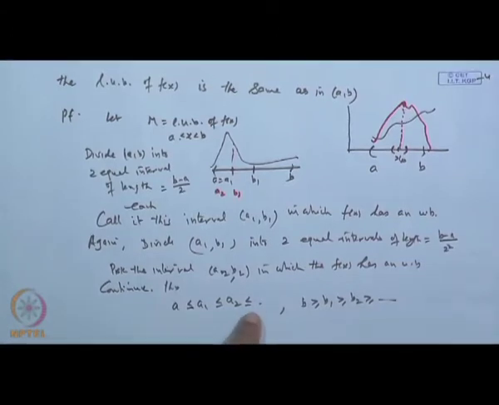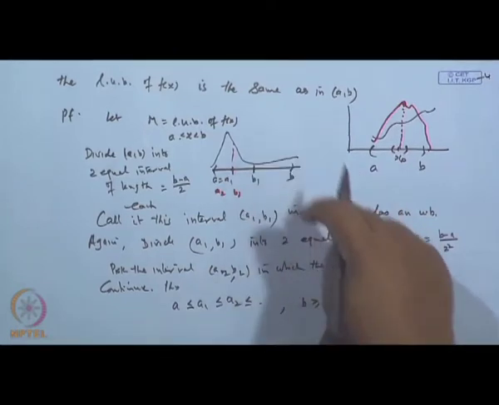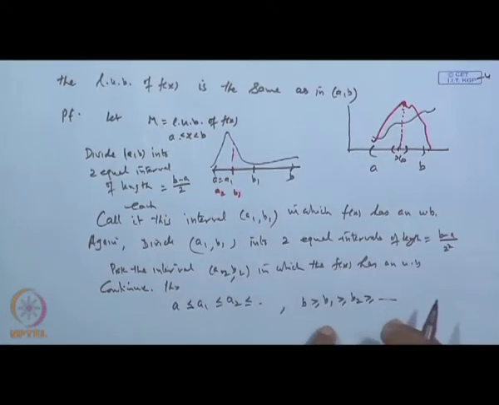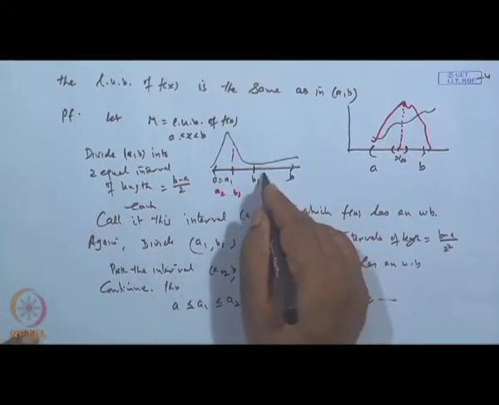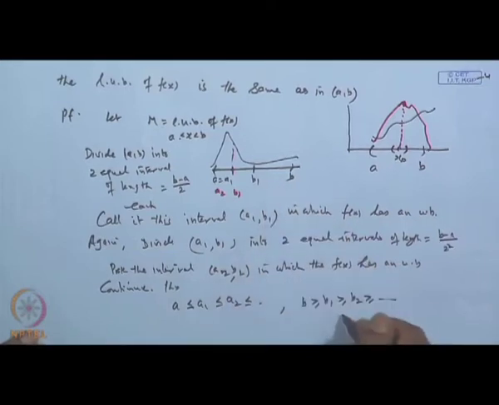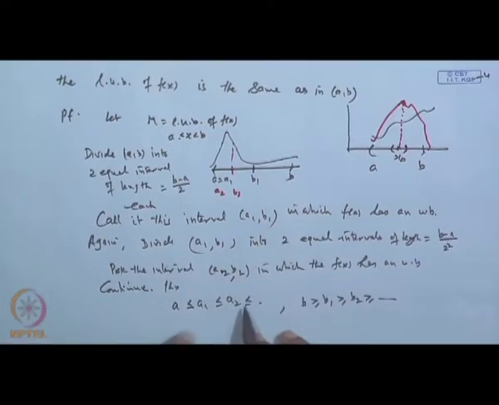So, the a's form a monotonic increasing sequence, the b's a monotonic decreasing sequence, but the upper bound of the a's cannot exceed b1, and b1 is an upper bound here, is it not? So, this is bounded above, this is bounded below, and below will be at most b.